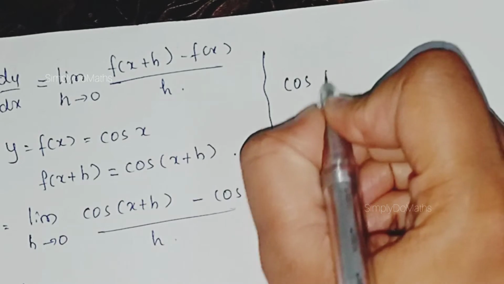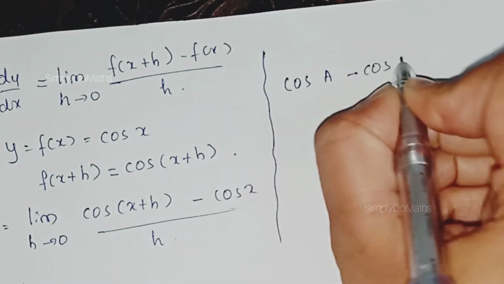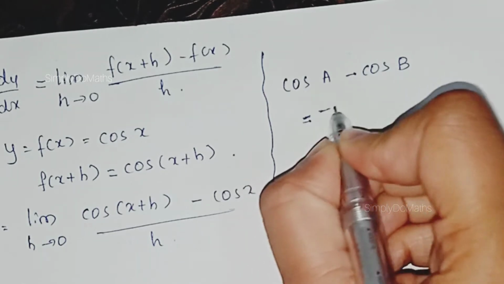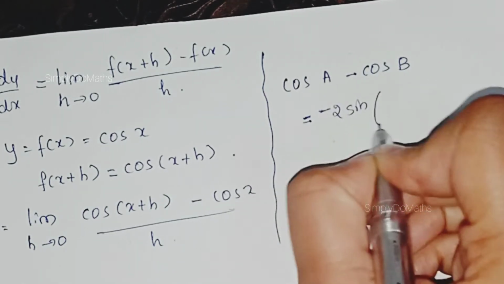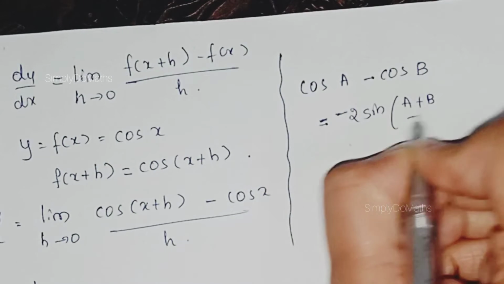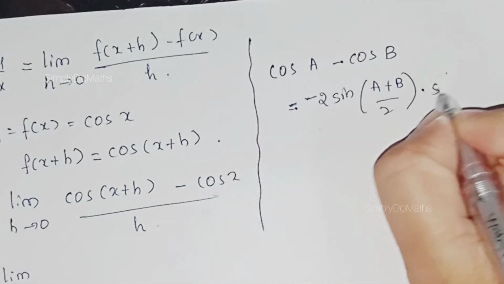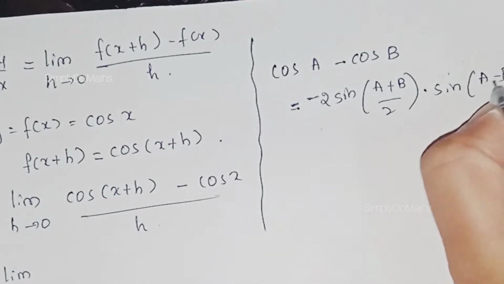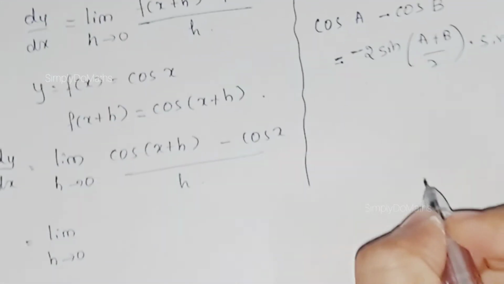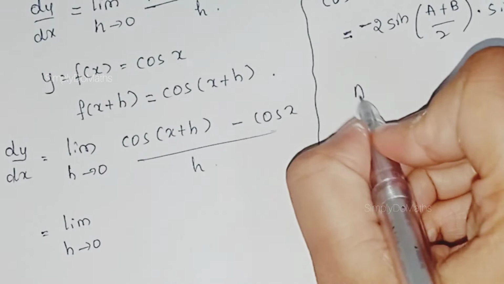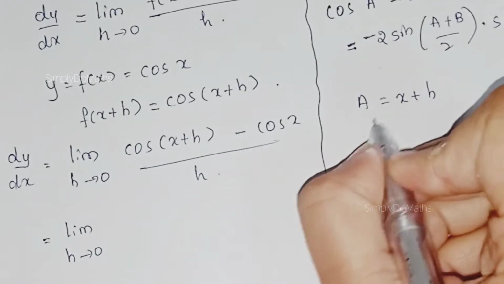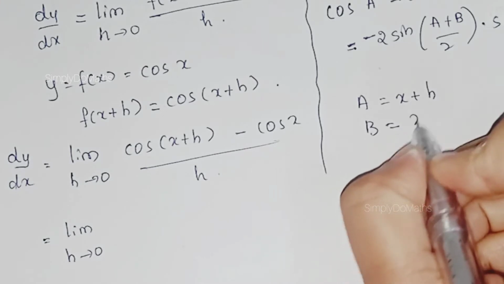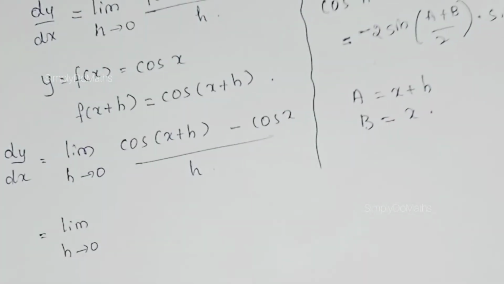Cos a minus cos b is equal to minus 2 sine of (a plus b) by 2 into sine of (a minus b) by 2, right? So in the place of a, we have x plus h, and in the place of b, we have x.